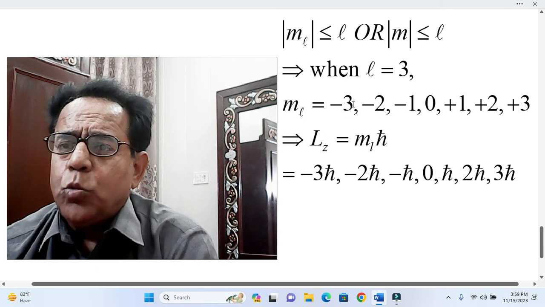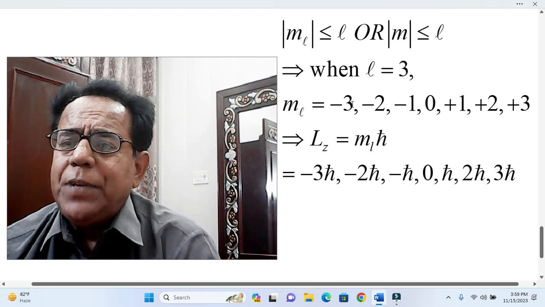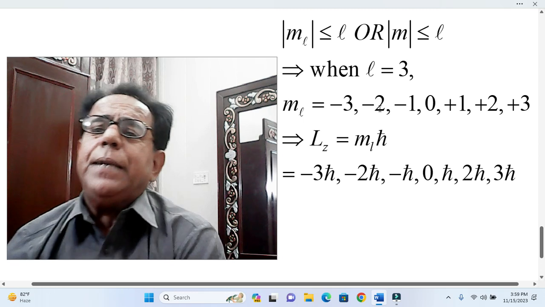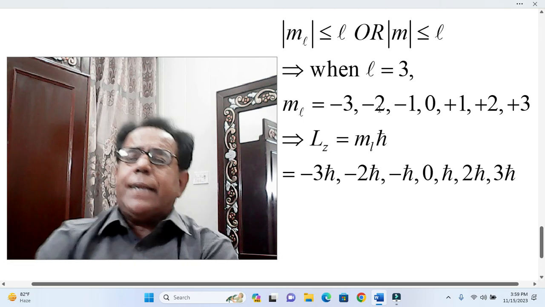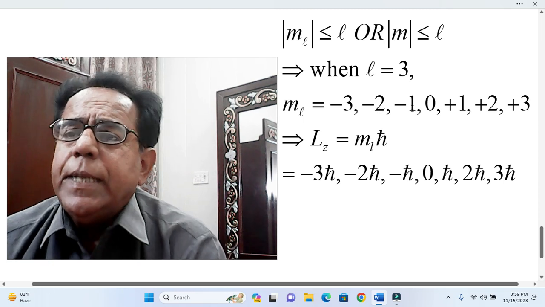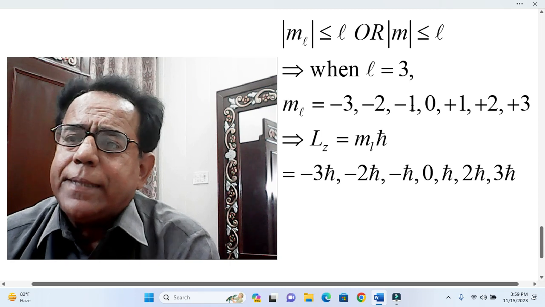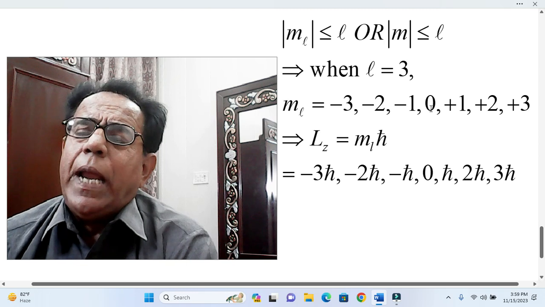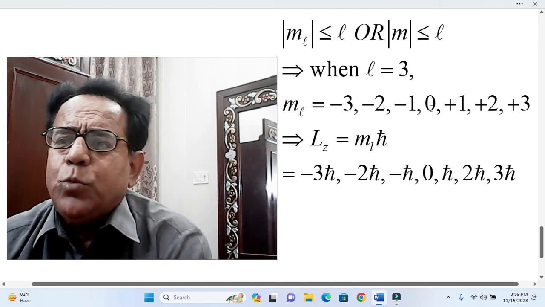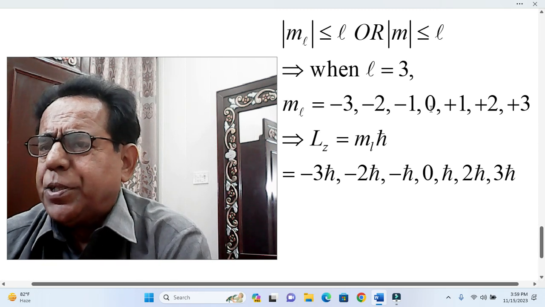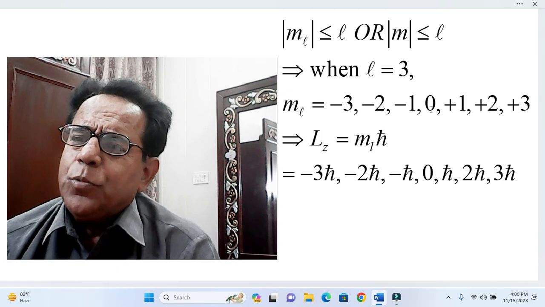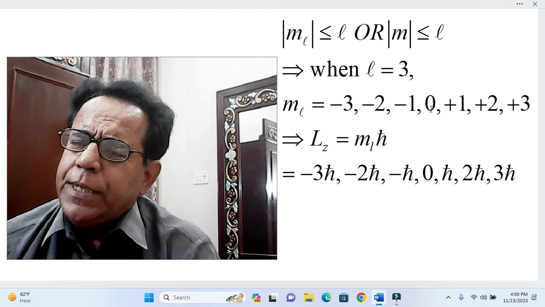LZ will become minus 3 H bar, similarly minus 2 H bar, similarly minus 1 H bar, then 0. With 0, H bar is not needed, because 0 is 0: whichever quantity is multiplied with 0, it becomes 0.